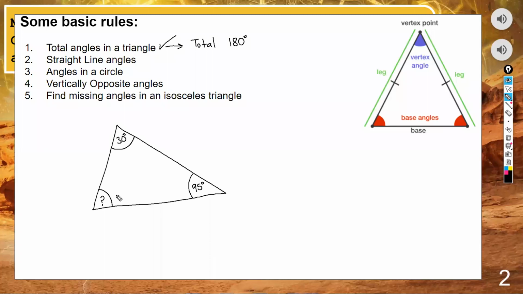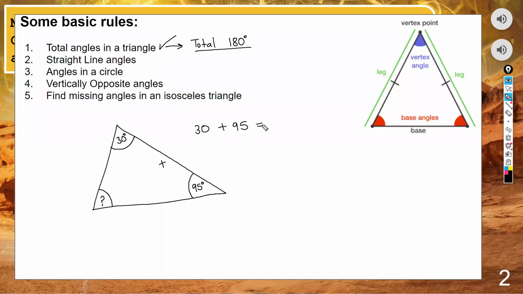Right, so let's see the correct answer. I've seen a lot of different answers. So remember, all the angles in a triangle add up to 180. So if you add 1, 2, and 3, we're supposed to get 180. So let's add 30 and 95. 30 plus 95 is how much?